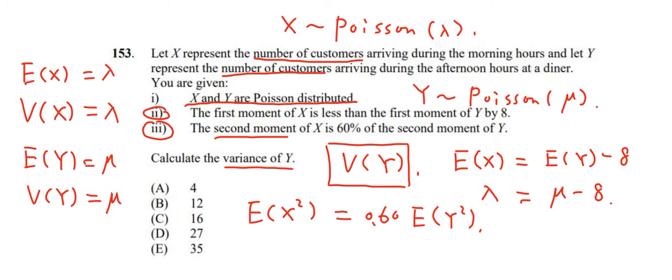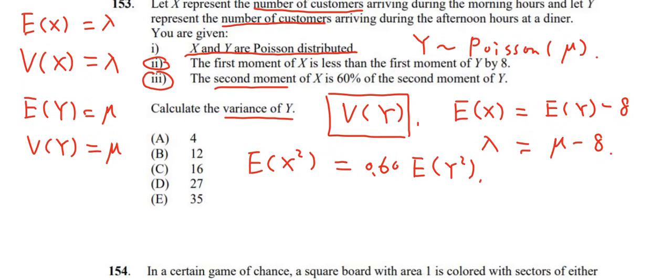Okay. So here we change this condition to an equation: X squared equals 60% of Y squared. So what is X squared? X squared actually equals Vx plus the squared mean, right?